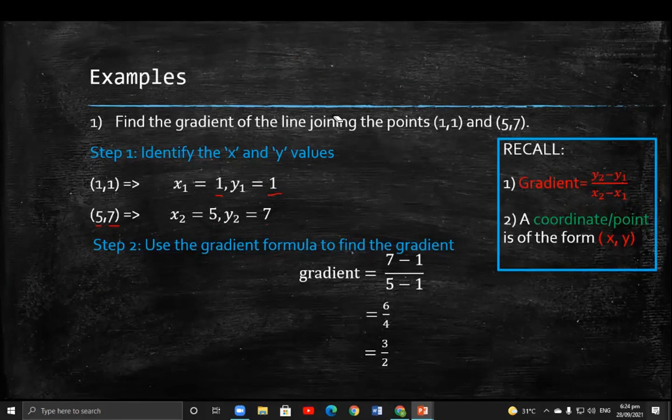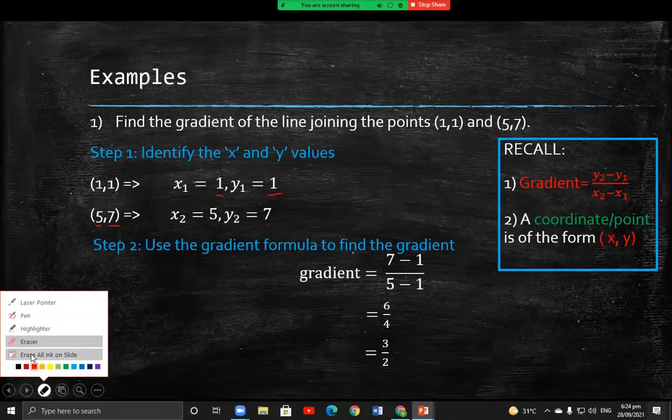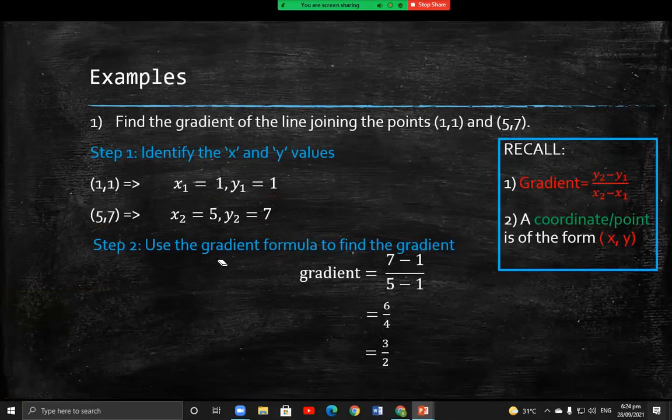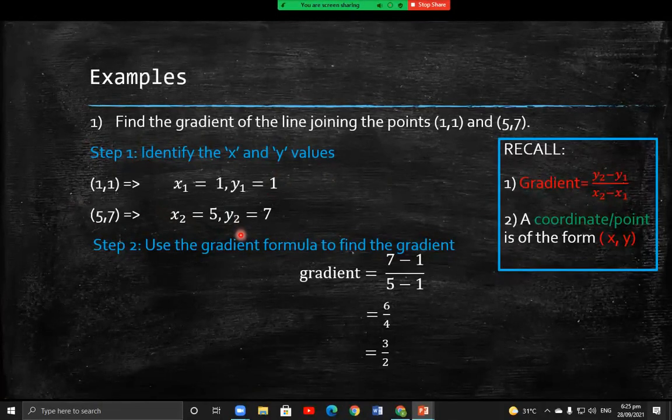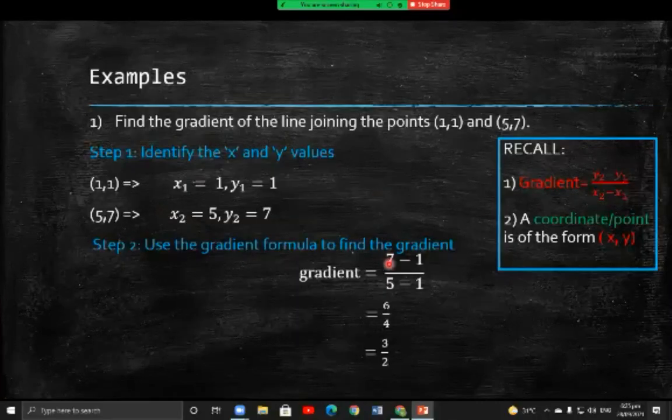Step 2 is to use the formula for gradient: y2 minus y1 divided by x2 minus x1. Up here, we said that y2 is equal to 7, and that's why I put 7 in. Then I said y1 is 1.